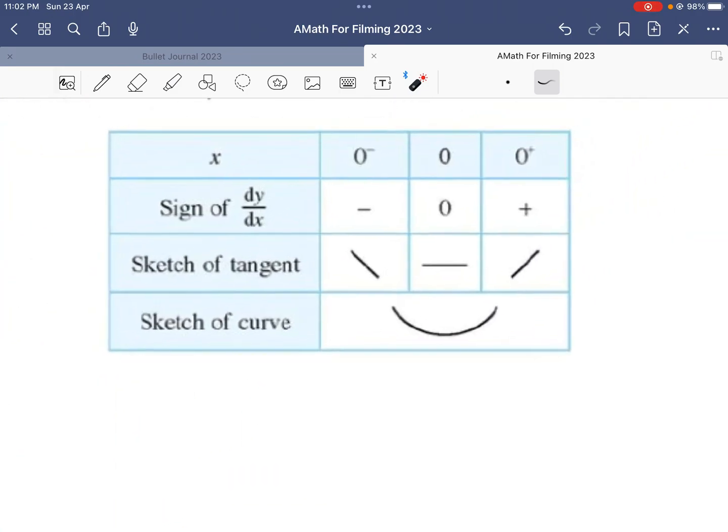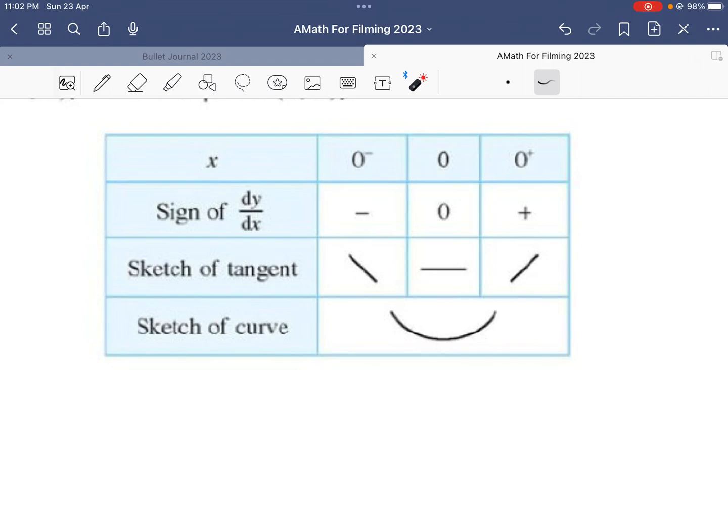Lastly, for the point (0, 2), slightly to the left of 0 maybe is −0.1, and slightly to the right of 0 will be 0.1. The sign of dy/dx is negative, 0 and positive. So negative, 0 and positive, you join the dots, you get a curve that looks like this.